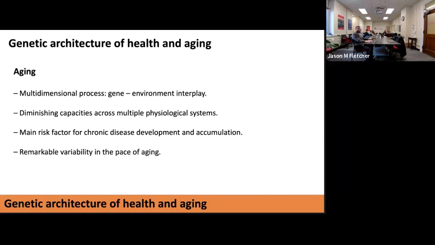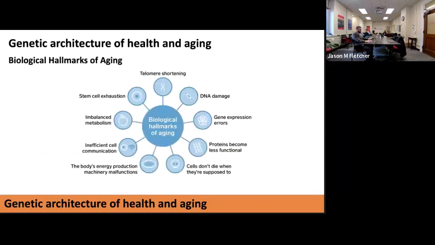It's important to note here that there's a remarkable variability in the way people age at both phenotypic and biological levels. So at the biological level, aging is associated with a gradual accumulation of molecular and cellular damage over time, resulting in a series of changes that have been summarized and are known as hallmarks of aging.